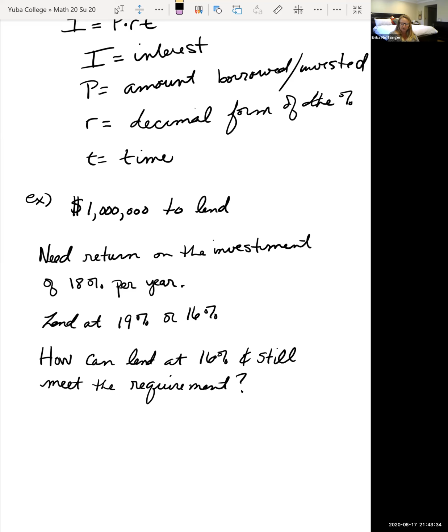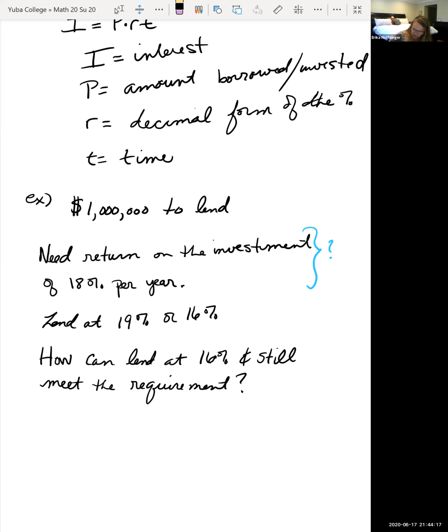Well, she needs a return on the investment of 18% per year. What is that really telling us? What is that telling us that we need to do? We can ignore how much we can invest in each yet.